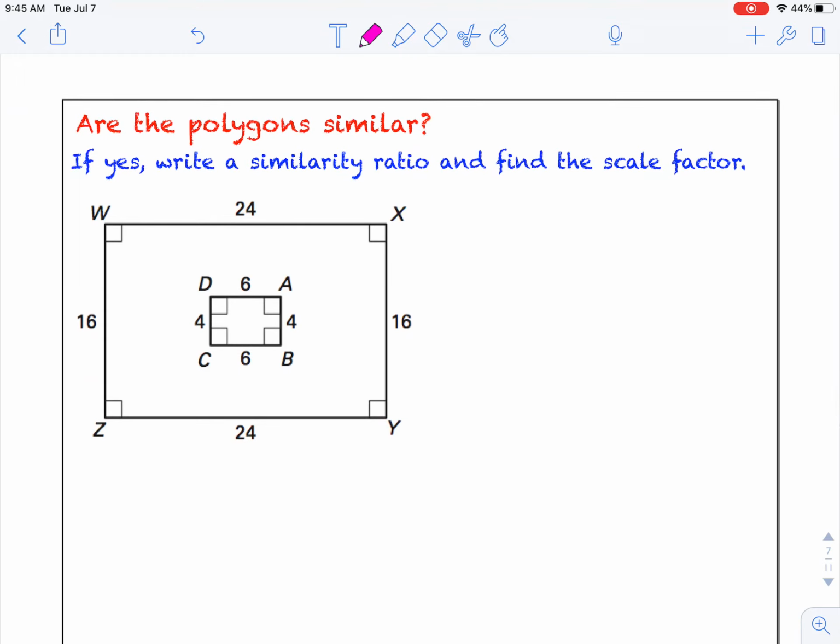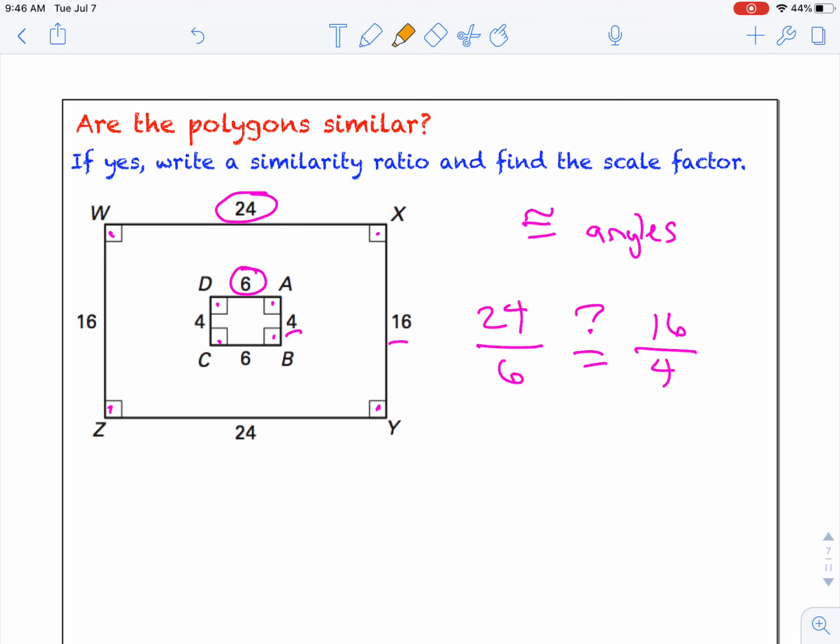So let's look at these two polygons. Well, I can see that we have 4 right angles here, 4 90-degree angles, and same here. So we do have congruent angles. So now we need to check the sides. So we have to see if the largest side compared to the largest side, so 24 compared to 6, is that equal to the smaller side compared to the smaller side, so 16 over 4.